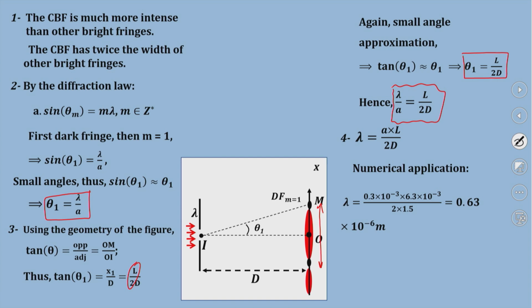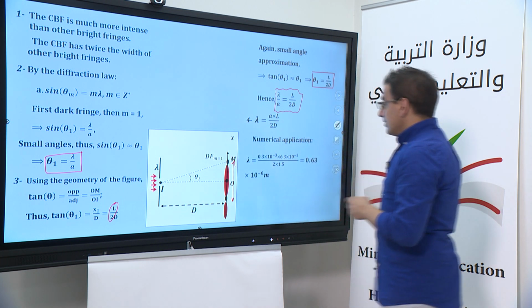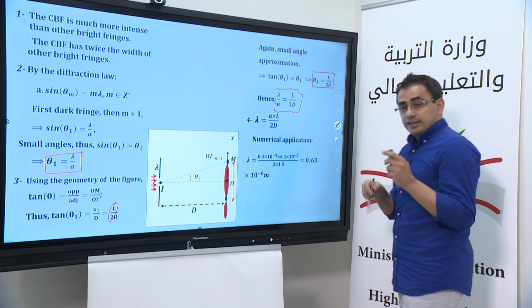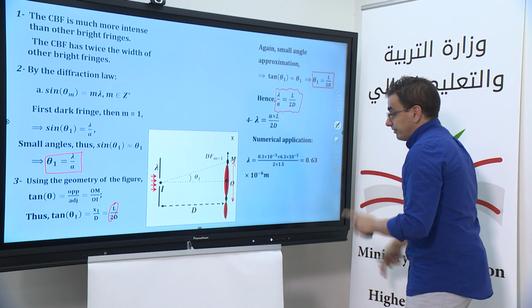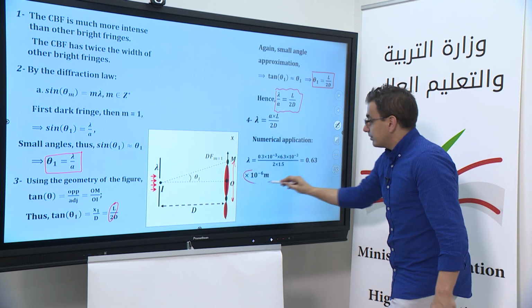As we have seen in application 1, units should always be in one standard so that if I want to simplify or anything else it is clear in front of me. L is 6.3 millimeters also. D is 1.5, so 2 times 1.5. Replacing all of these, I get 0.63 times 10 to the minus 6 meter.